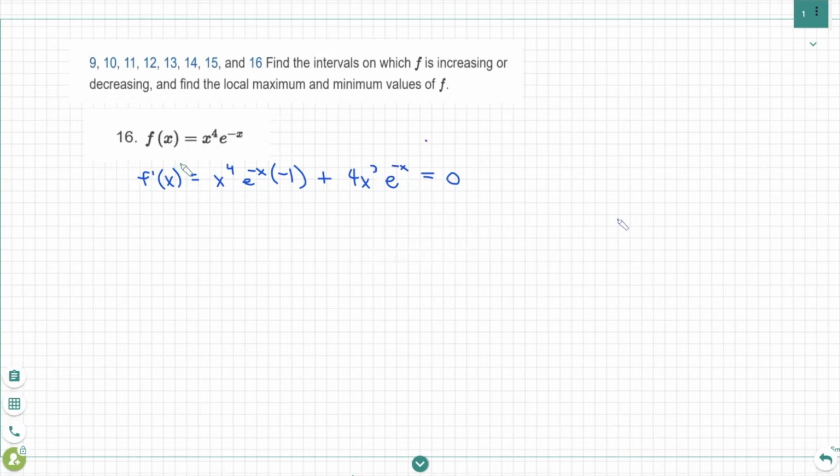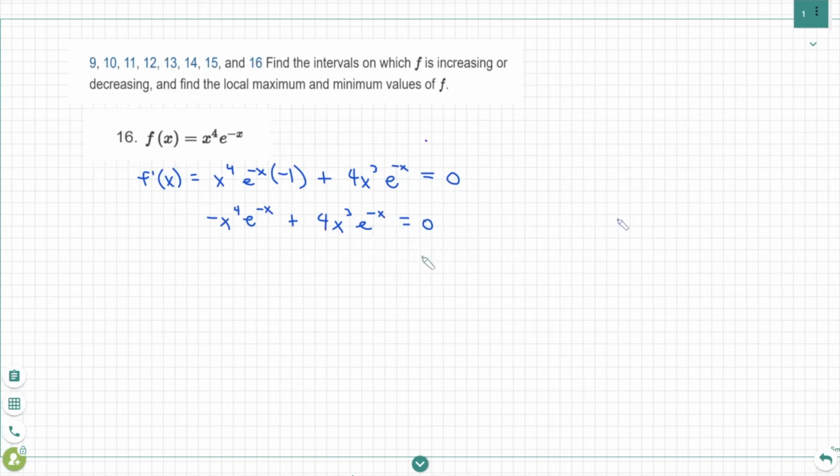So we'd multiply it out and then add the two terms together. So it's negative x to the fourth times e to the negative x plus 4x to the third e to the negative x. Okay, so then what do you do from here? You try to factor out the e to the negative x.